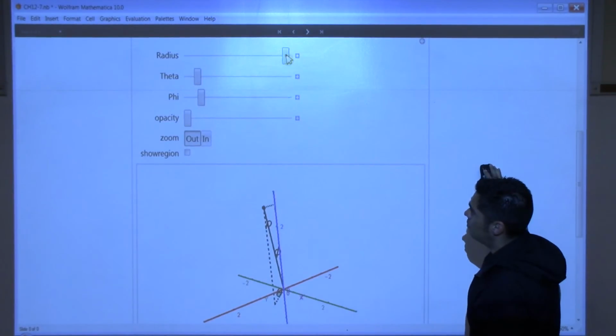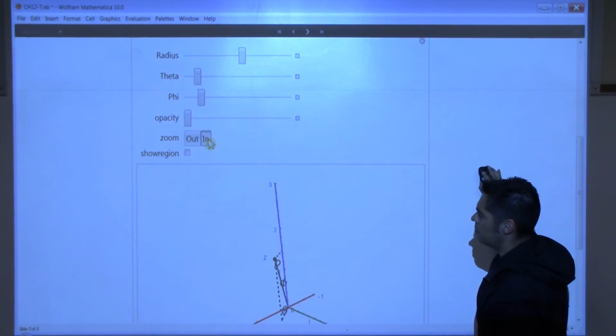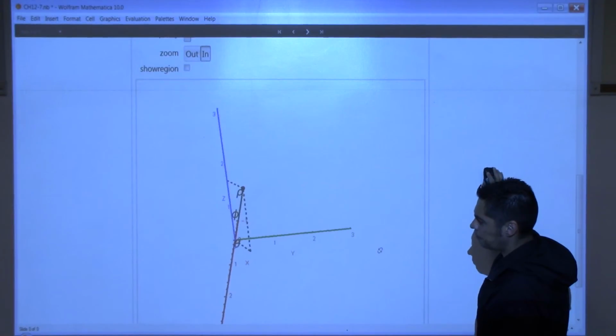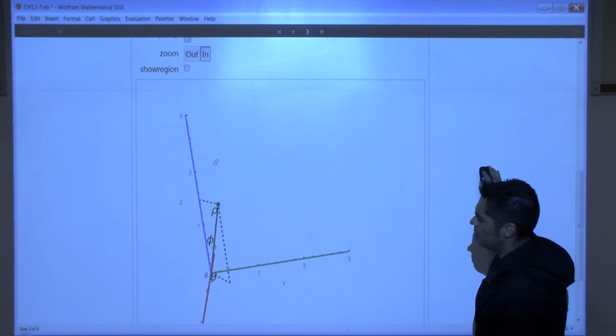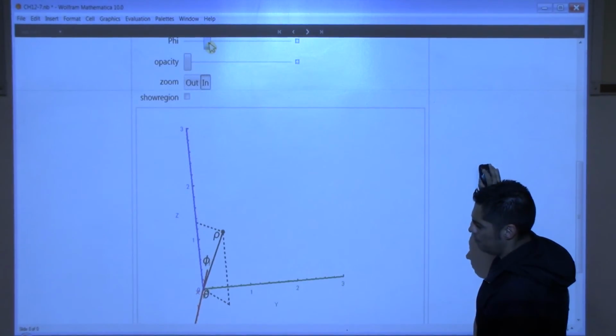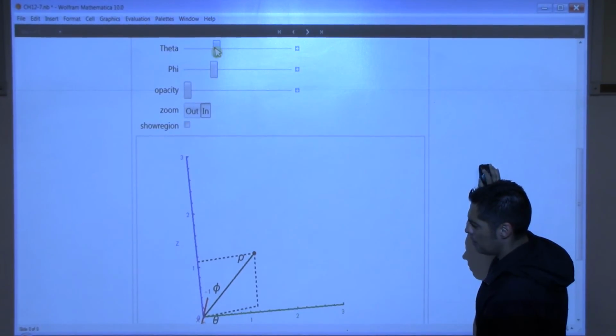So I can decrease this. Let me try and zoom in, see if you can see this a little better. Come at it from this side. So there's my phi changing, and then there's my theta changing.